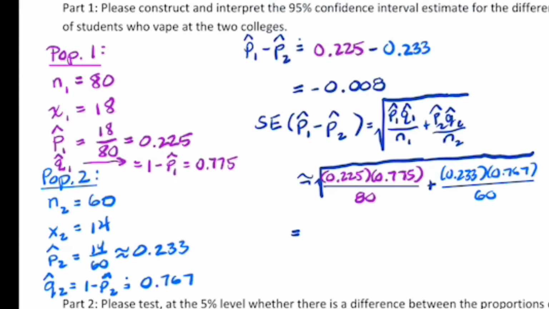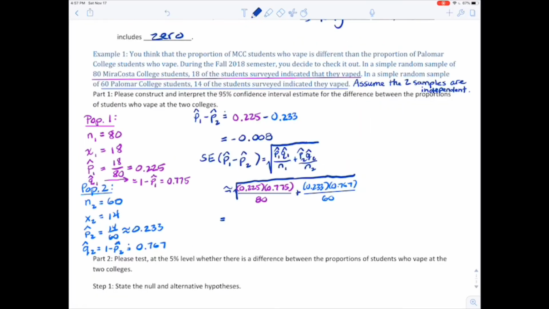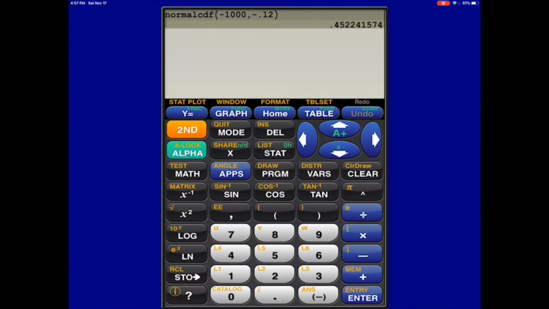When I do this on the calculator, just be careful how you enter it in, that you get the correct value, and make sure you use the right grouping symbols. Let's do this one together, second square root. I'm going to start parentheses, so we have 0.225. Since I'm multiplying, I don't have to put another parenthesis before I do the division on this first one. So times 0.775, then divide by 80, and end those parentheses.